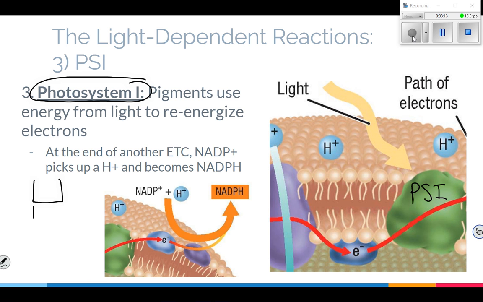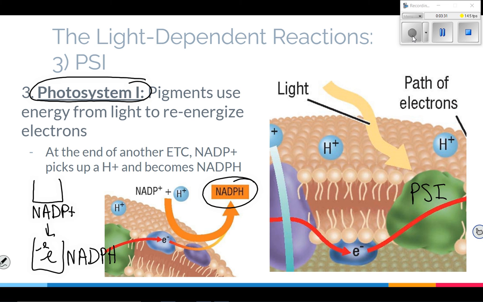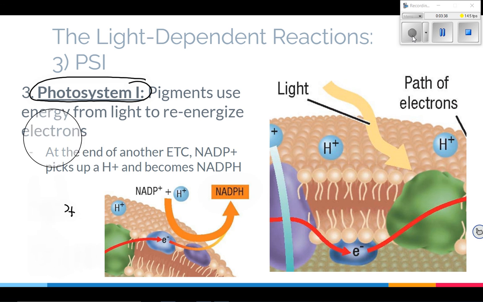So the low energy form is called NADP+, and then when it picks up its electrons, it gets a name change to NADPH. So the whole point of this phase was to have an electron carrier, NADPH, pick up the electrons, and then they're going to be used in the light-independent reactions.